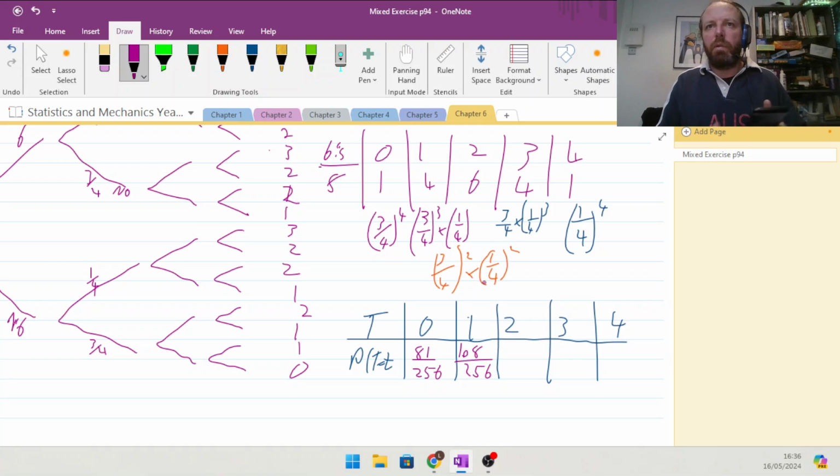Then we've got 3 quarters squared and a quarter squared, so 0.75 squared times 0.25 squared times 6 this time. Okay, 15 over 16, which I think is 240 over 256.